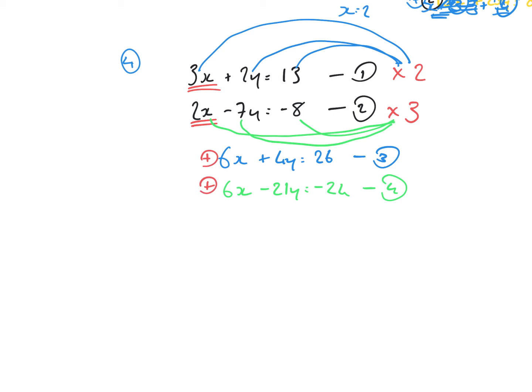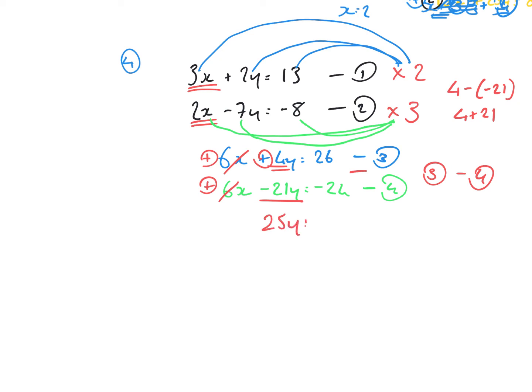So I'm going to do this time 3 take away 4, okay, the x's will go. Now be careful here, I've got 4y minus minus 21y, so 4 minus minus 21, that's 4 plus 21, and that'll give me 25y is equal to 26 take away 24.